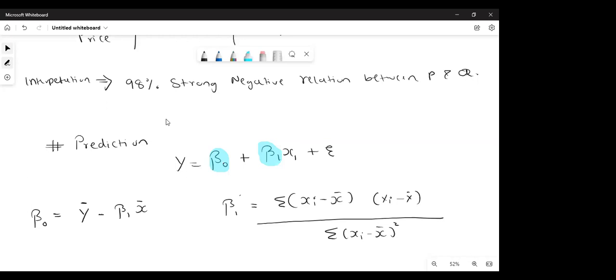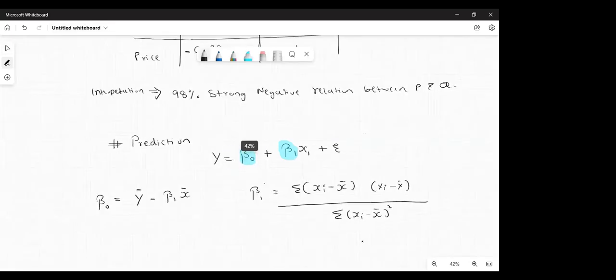Guys, what is the value for the numerator over here? Numerator is how much? Minus 139. One second. Denominator. Solve this, how much? Minus 4 point.